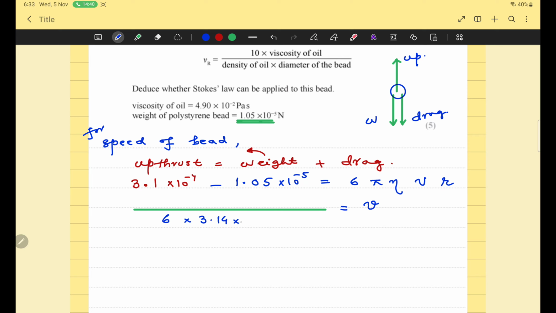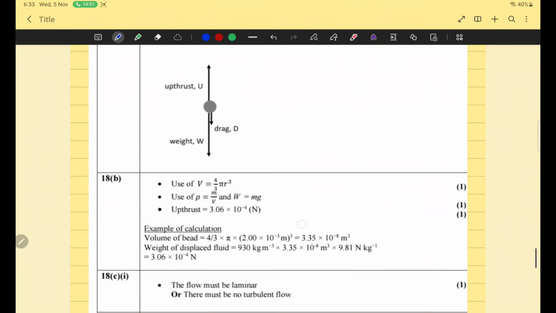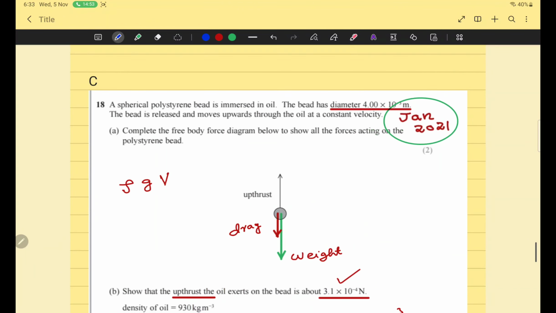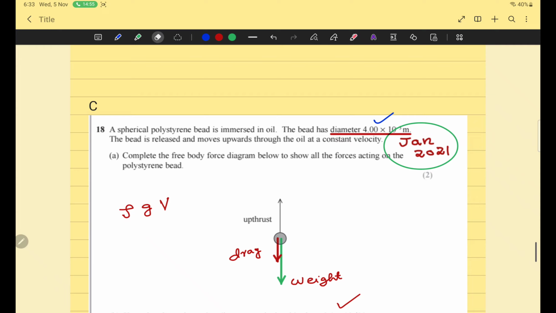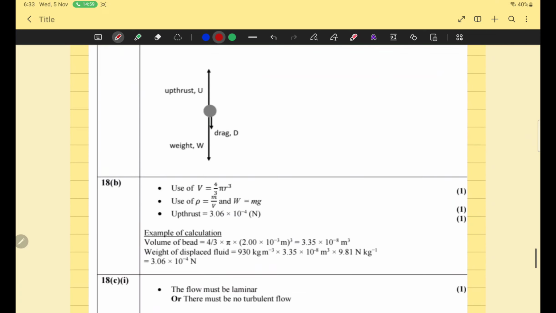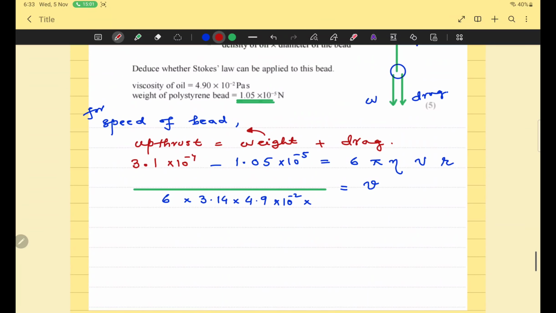Viscosity is given: 4.9 × 10^-2. We are given diameter, so its half value will be radius. It is 2 × 10^-3.